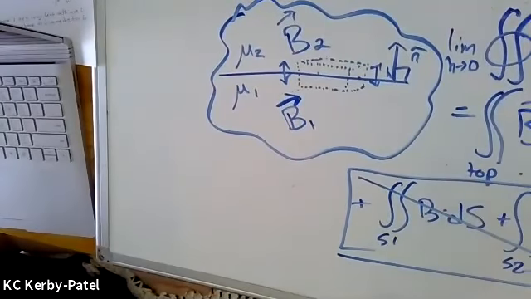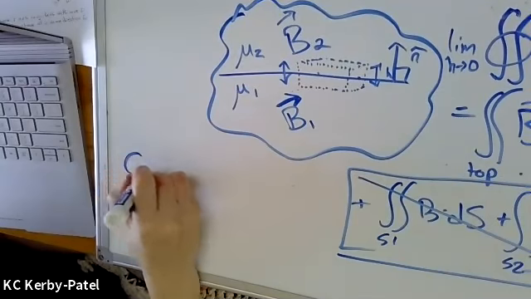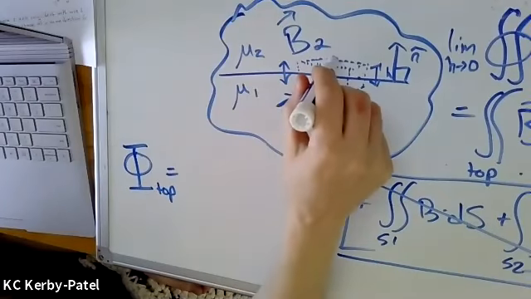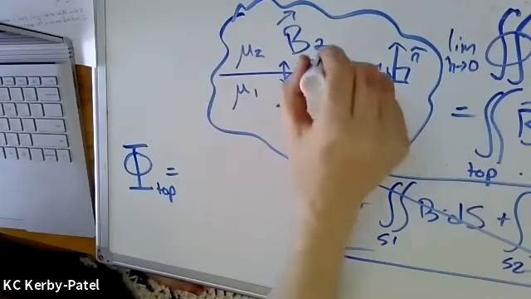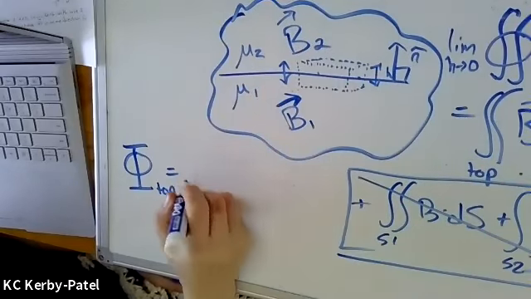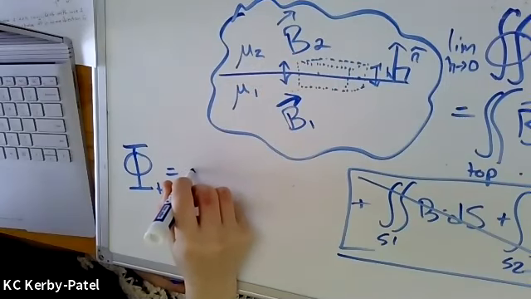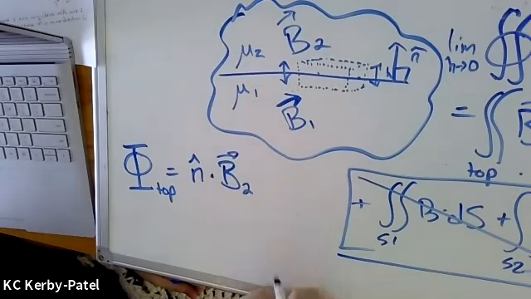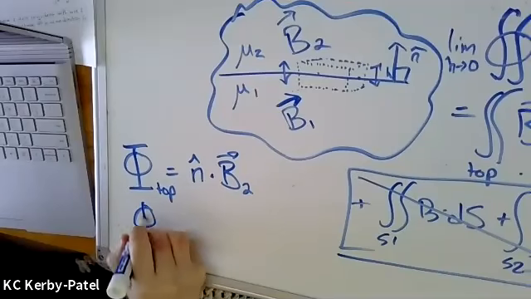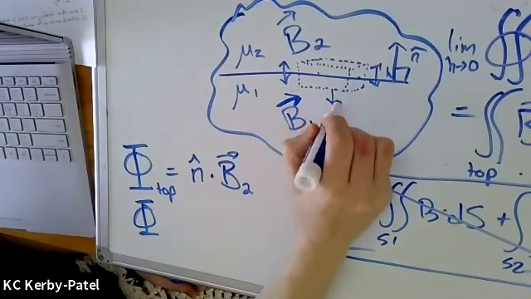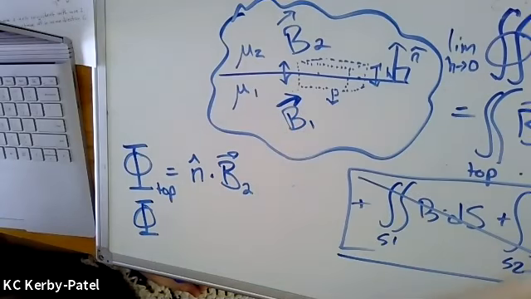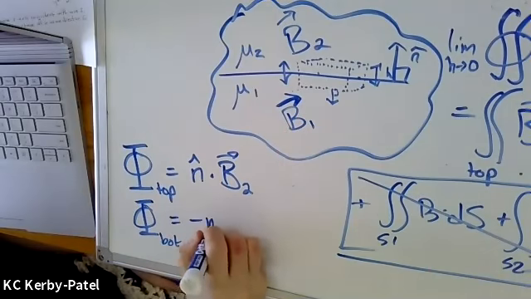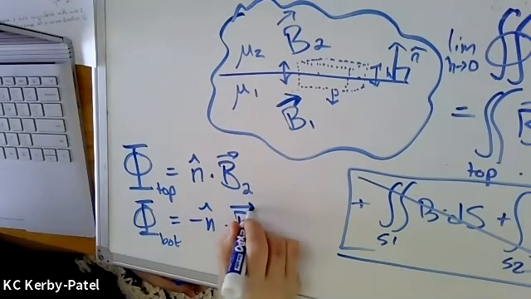On the top, the magnetic flux, if I make this small enough so that B2 is constant in that region, is n hat dot B2. And on the bottom, my surface normal vector is pointing in the other direction for this dS, so that's minus n hat dot B1.